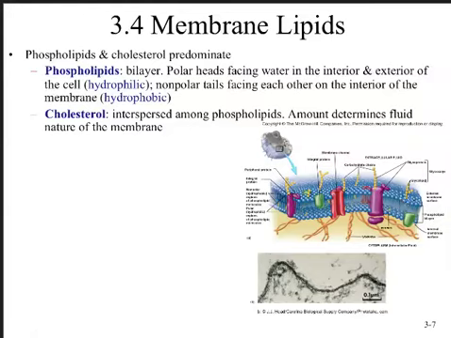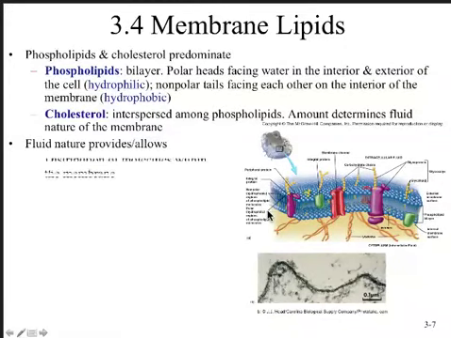And the purpose of this is so that the cell can regulate whether it wants certain things to move around and aggregate or not. Remember that cholesterol is a lipid itself. As a result, it is hydrophobic, and so it is stable within the hydrophobic tail portion of the phospholipid bilayer.